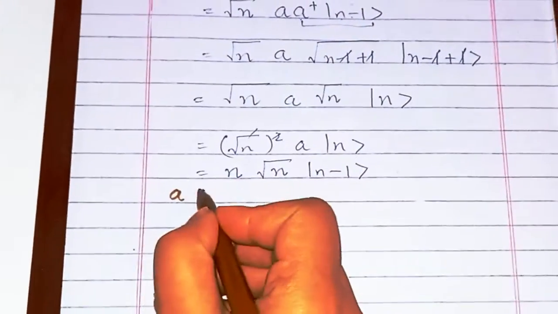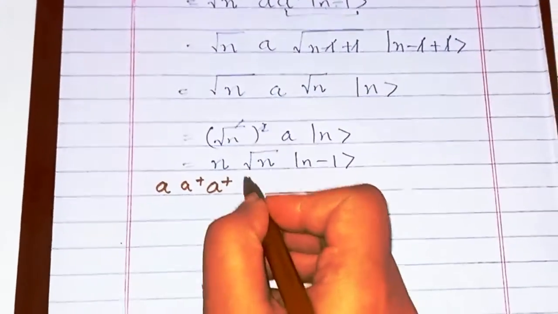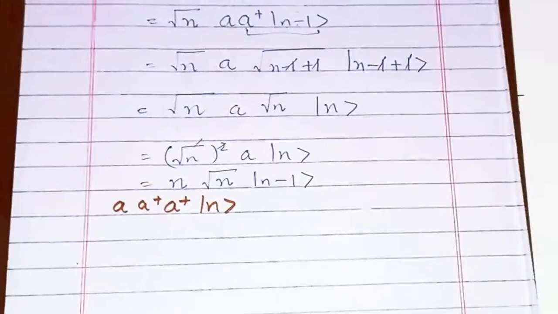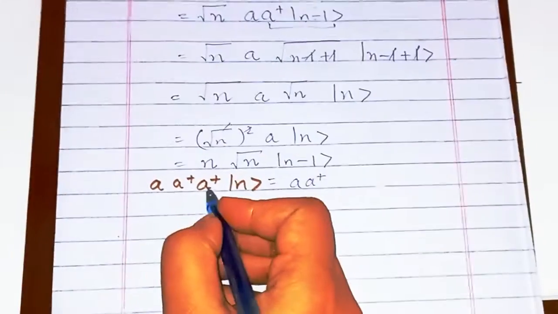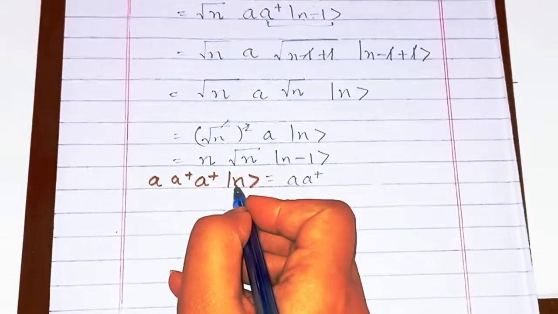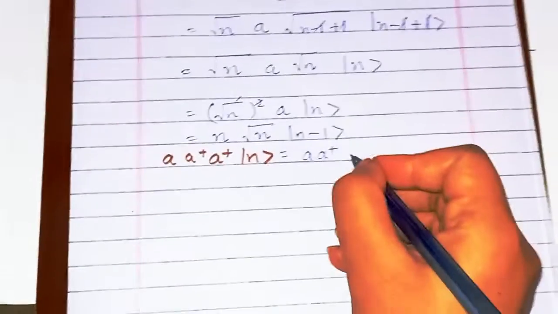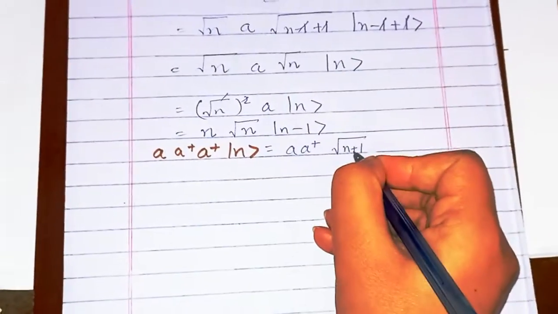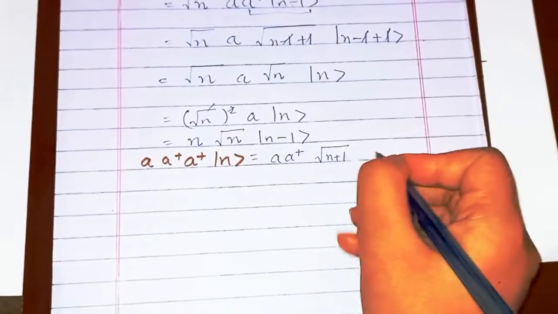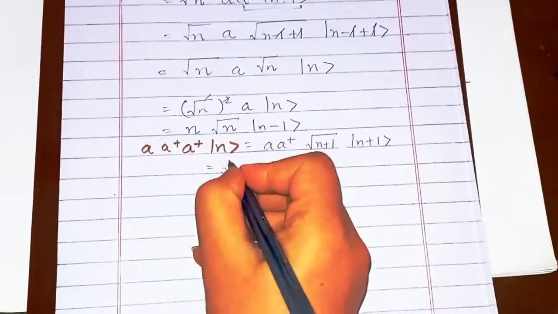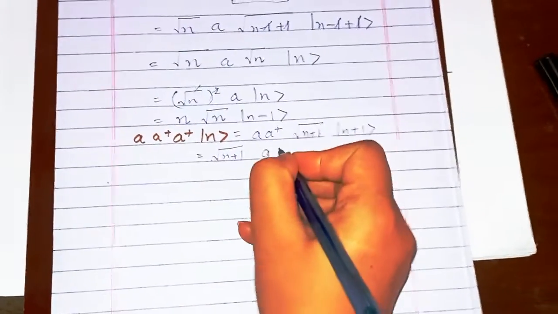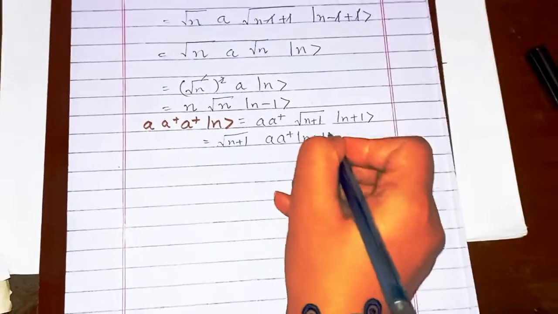Now let's do the fourth term, which is a plus a ket. First, the raising operator will be applied on a ket, and for raising operator quantum number increases by 1 in constant and also in ket. Then under root n plus 1, a plus applied on n plus 1.